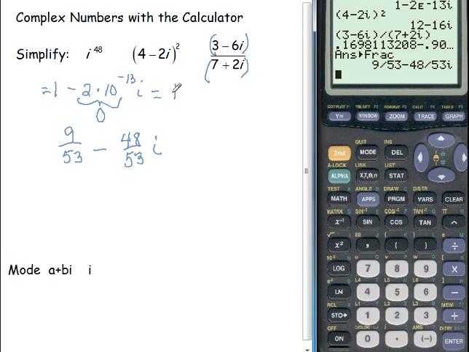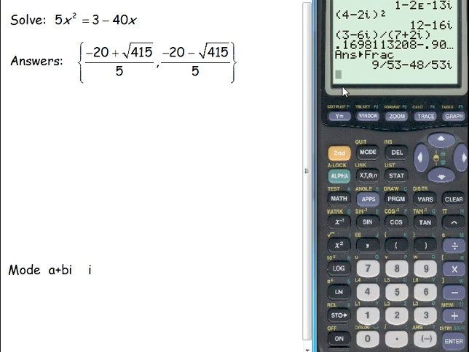All right, next we're going to be looking at checking some quadratic equations. The quadratic equations in this chapter may or may not have complex solutions. This one, which I solved beforehand, appears to have no complex solutions.